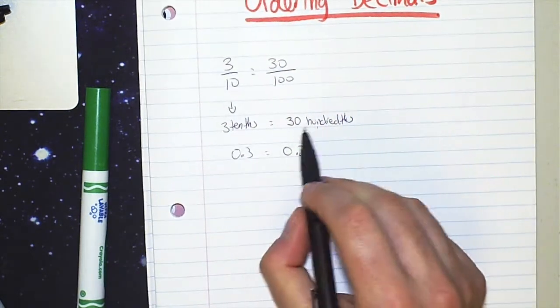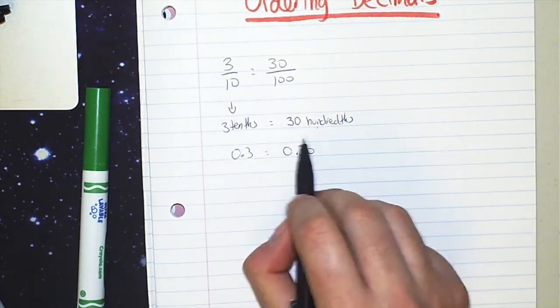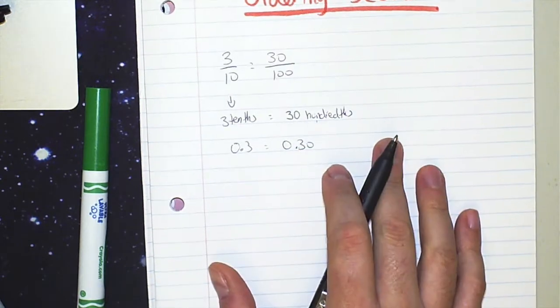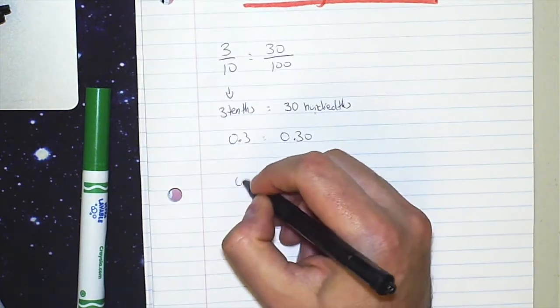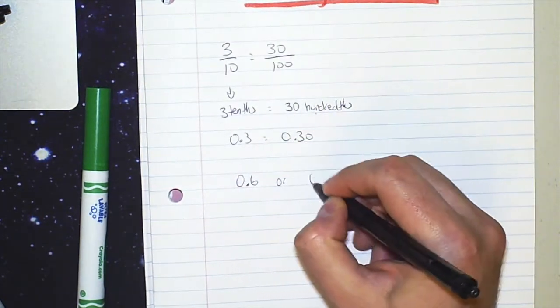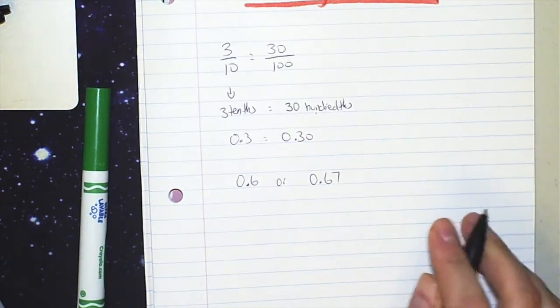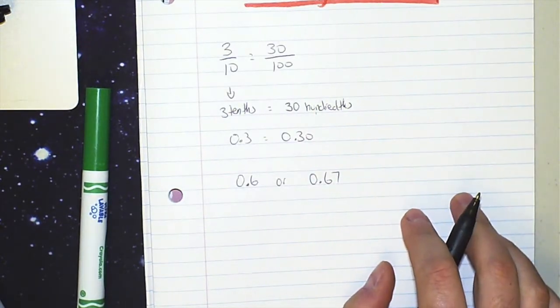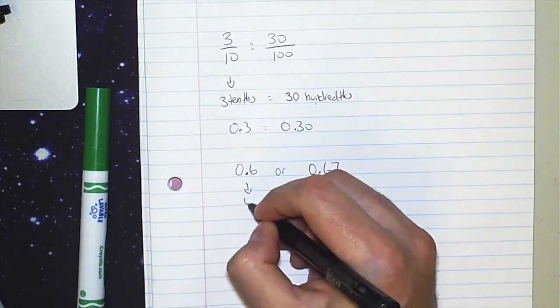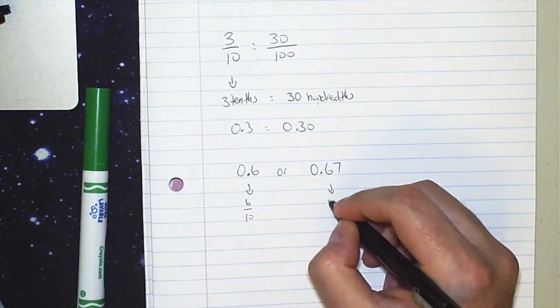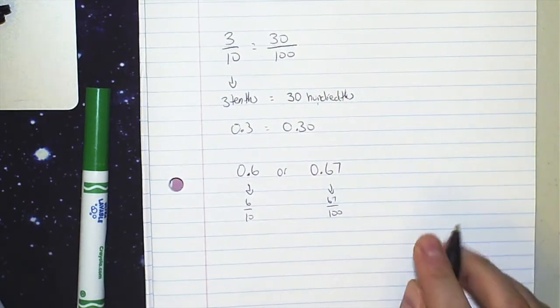So I want you to start thinking along the lines of hundredths if possible. Okay, so let me show you what I mean by this. 0.6 or 0.67. We need to put them in an order. Which one is larger? Well, this here is 6/10. This here is 67/100.